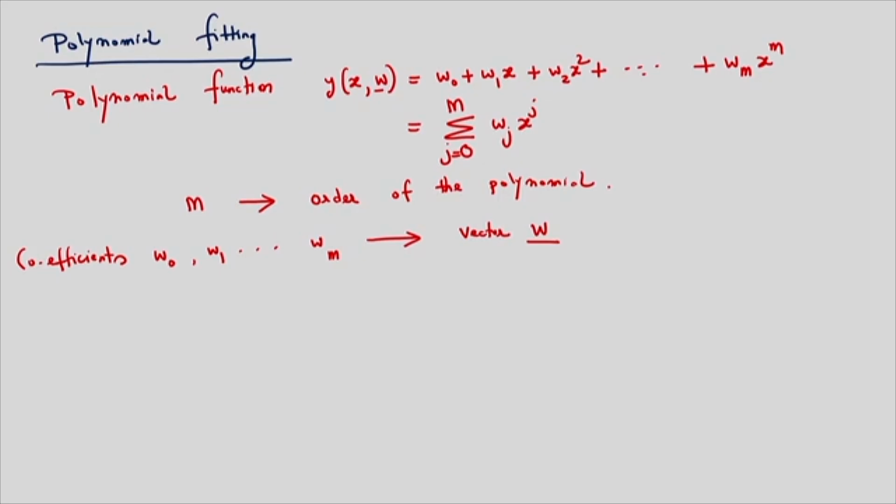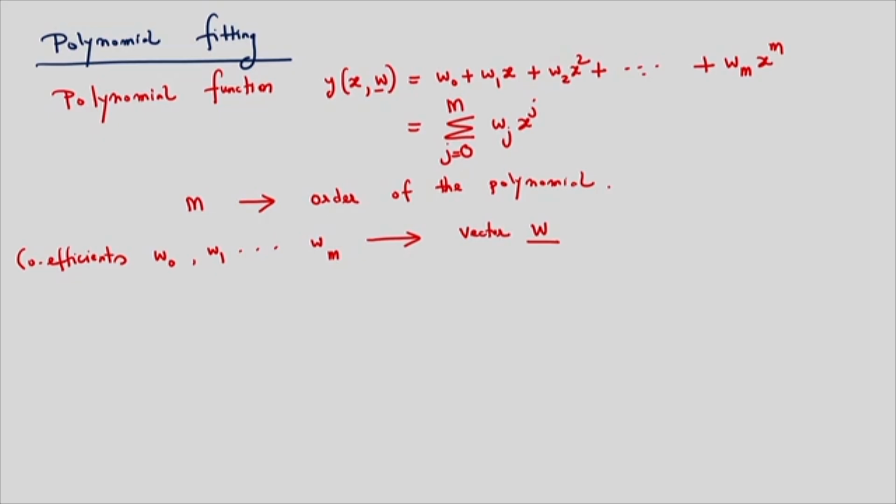This is a nonlinear function of x, but a linear function of the coefficients W, so it can be called a linear model, and with the help of this model we can do the polynomial fitting.